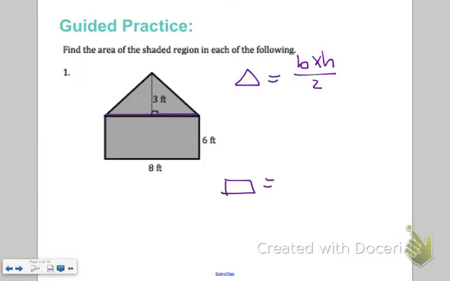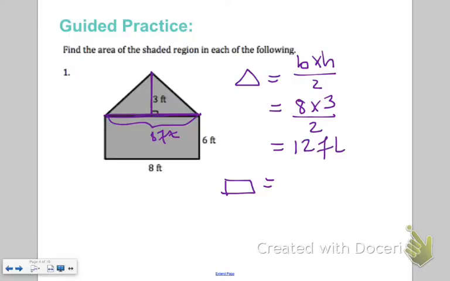The base of my triangle is 8 feet, and the vertical height of my triangle is 3 feet. So we have 8 times 3 divided by 2. 8 times 3 is 24, and 24 divided by 2 gives us 12 feet squared for our triangle.